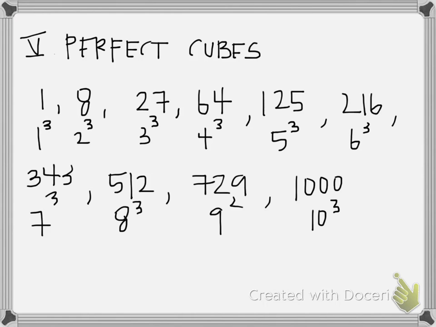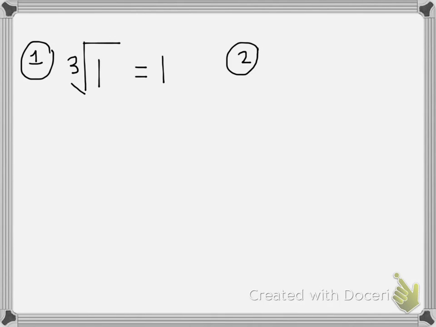Okay, so perfect cubes we need to know. We're going to do this exactly like we're doing our squares. So we need to know these cubes. So the cube root of 1 is just going to be 1. The cube root of 27 is going to be 3.